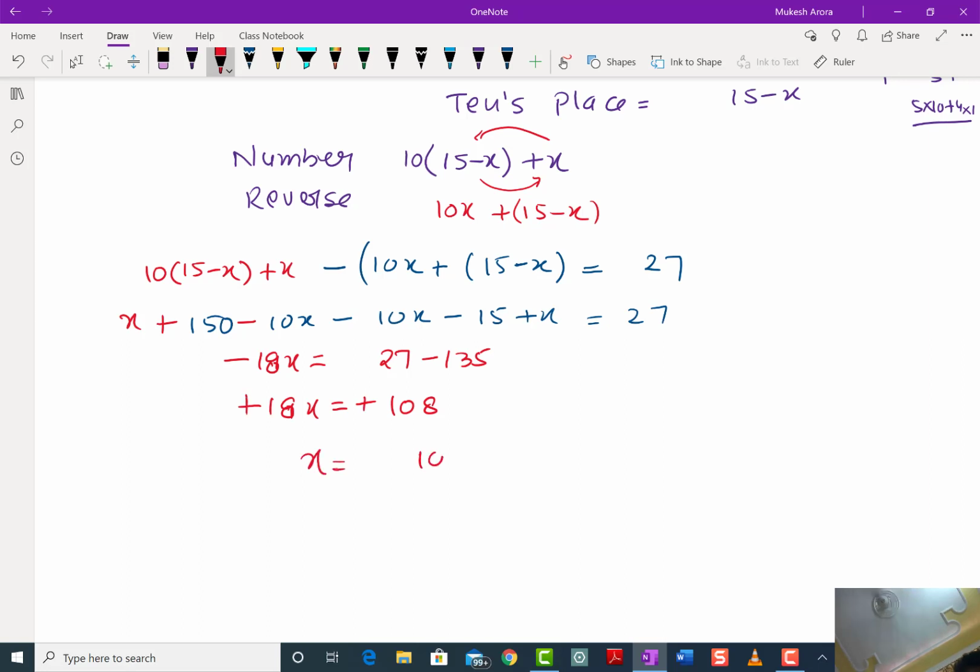X is equal to 108 by 18. This comes to 6.